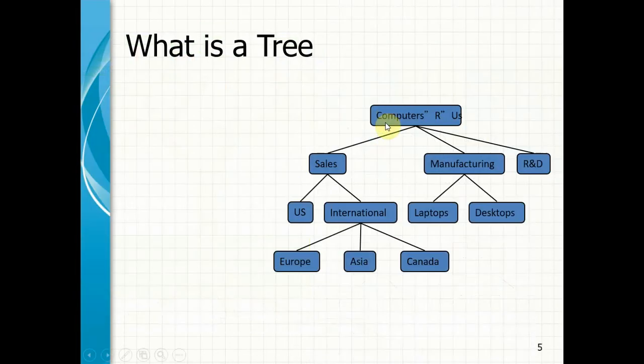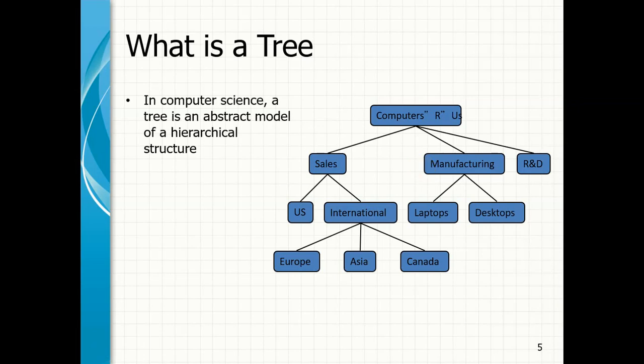So what is a tree from the computer science viewpoint? It is an abstract model of a hierarchical structure. As a hierarchical structure, it would have some point to start with.